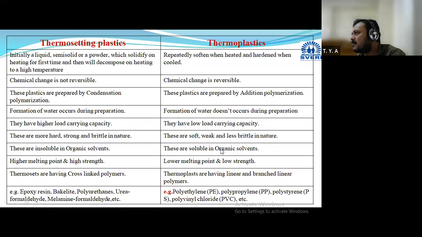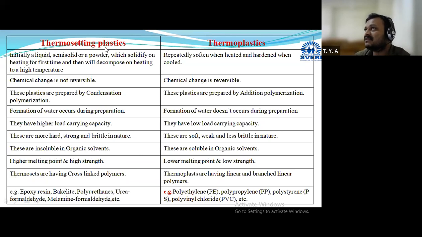All these properties are related to the bond only. In thermosetting plastic material, due to cross-linked bonding, they have high melting point, high strength, are insoluble in organic solvents, are hard and stronger in nature, and their load carrying capacity is very high. All these properties are due to the cross-linking.